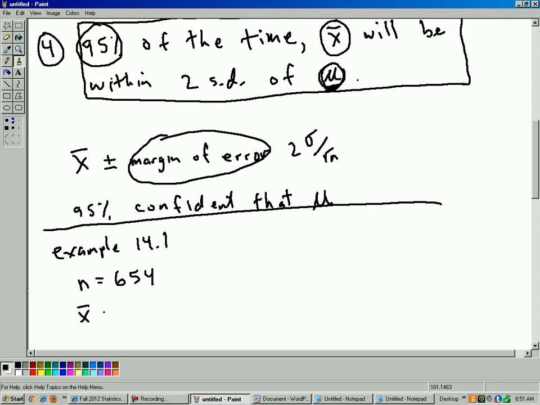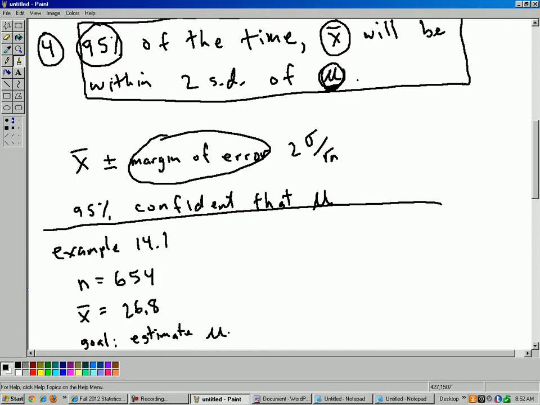The sample mean is 26.8, and the book doesn't give the units for that. Body mass index, it's just an index, so I don't believe there are any units for that. So the goal here is to estimate the mean body mass index of all the millions and millions of women in this age group.